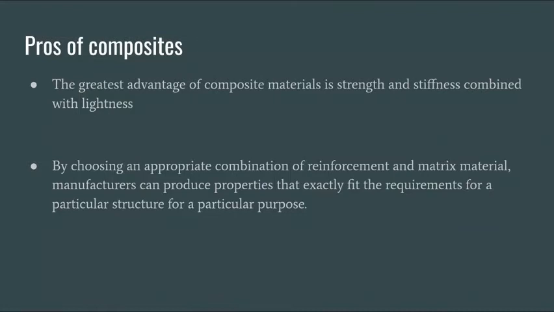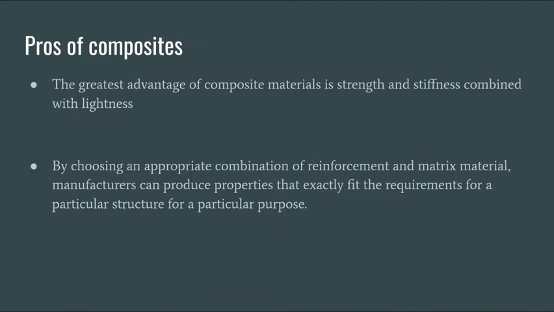So another pro of composites is that you, as a manufacturer or an engineer, can choose any combination of these materials and it can fit the need that you're trying to get the product to have. So, by choosing an appropriate combination of reinforcement and matrix material, manufacturers can produce properties that exactly fit the requirements for a particular structure for a particular purpose.